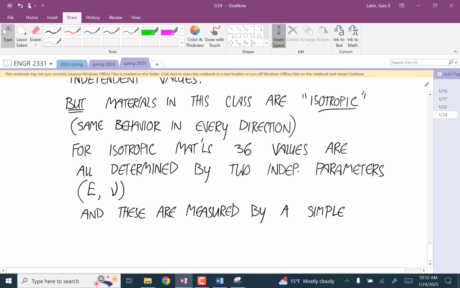So it's incredible that this is possible, that we can get so much power out of these very basic measurements, but we can.